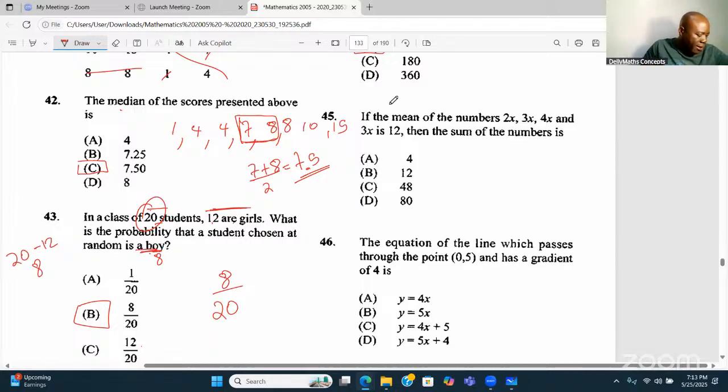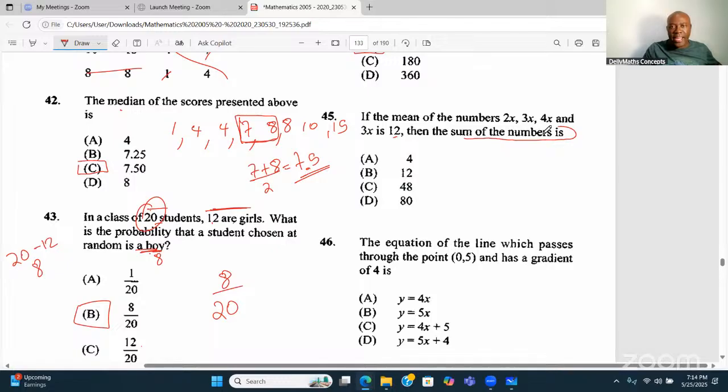All right. So we're looking at the next question, 45. Anybody who has 45, you could drop your answer. If the mean, watch this question now. Let me see who gets this. If the mean of the numbers 2x, 4x, 3x, and 3x is 12, the sum of the numbers is what?